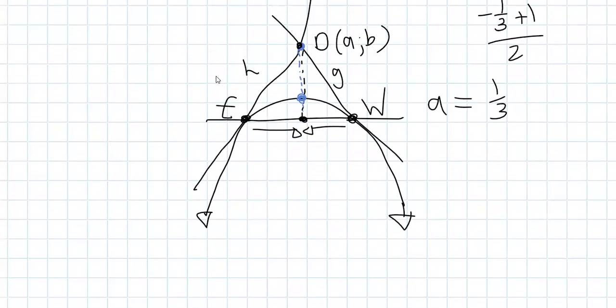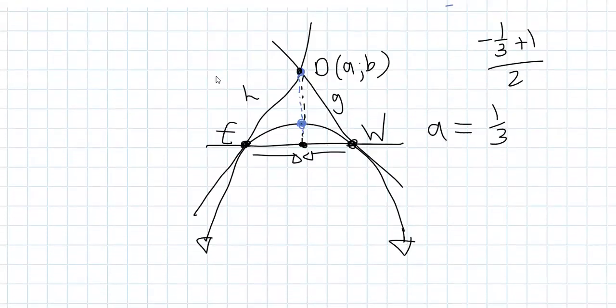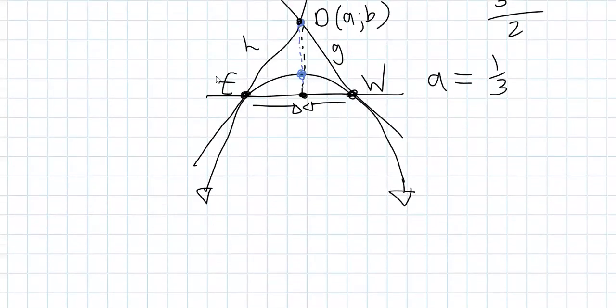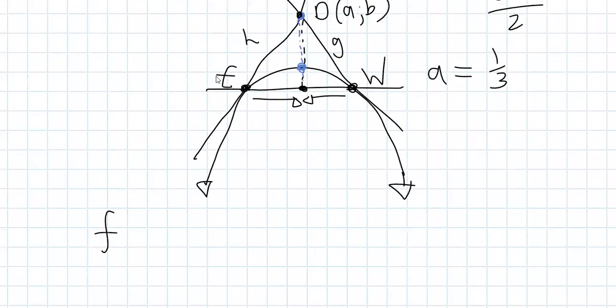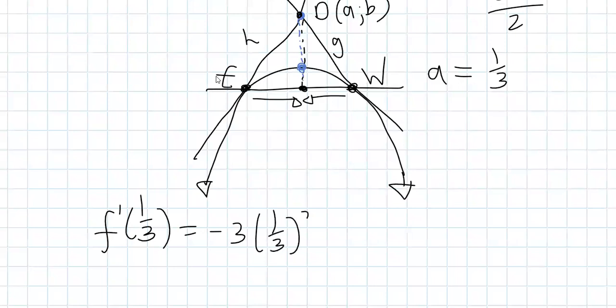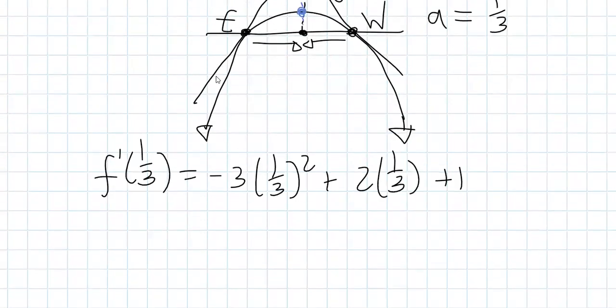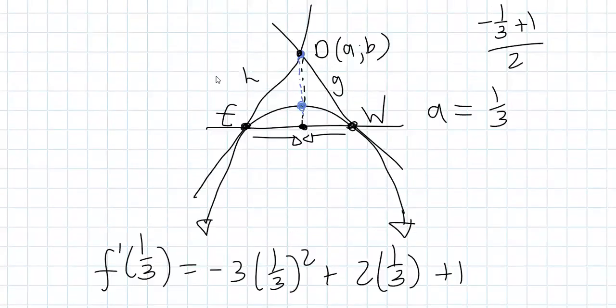I'm trying to think of how I can explain this, sort of how I'm seeing it. So if we take f dash of 1/3, we get -3(1/3) squared plus 2(1/3) plus 1. And this gives us 4/3. So we know that B is 4/3 currently.